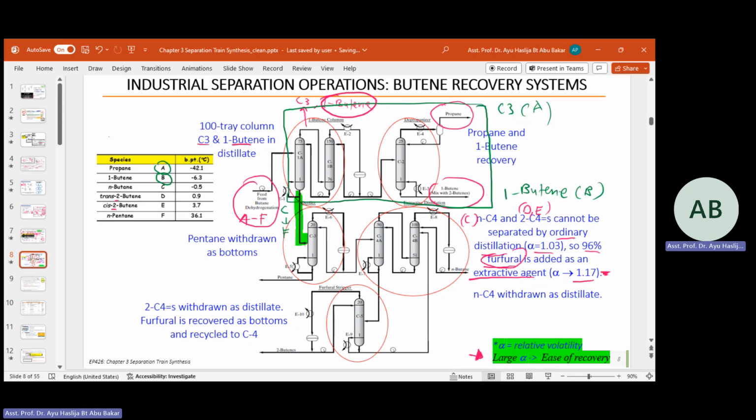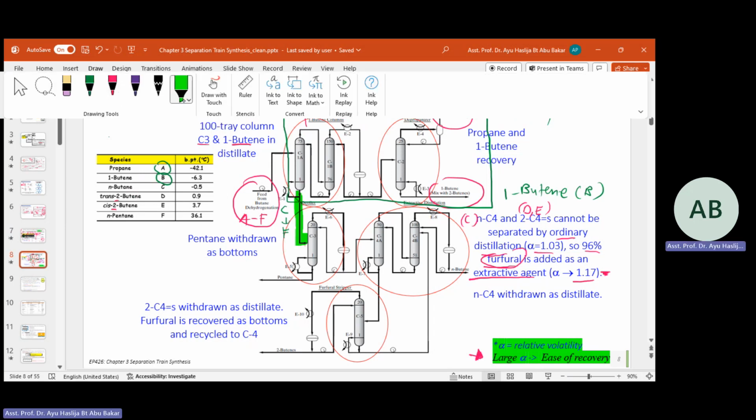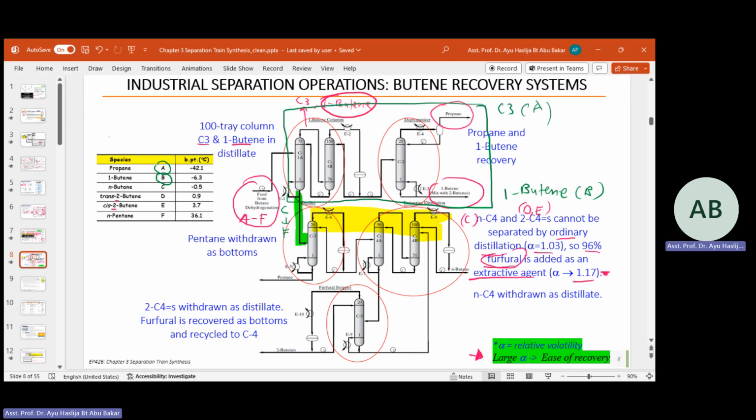And the main thing, make sure it is not reacting with the components. Now, this second separation system is using extractive distillation, because the CDE is hard to separate. So they use extractive distillation.